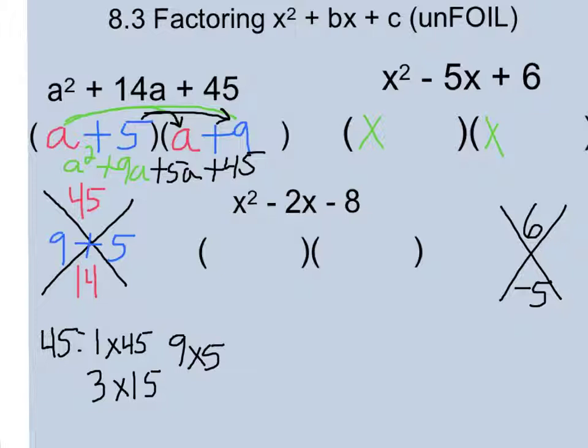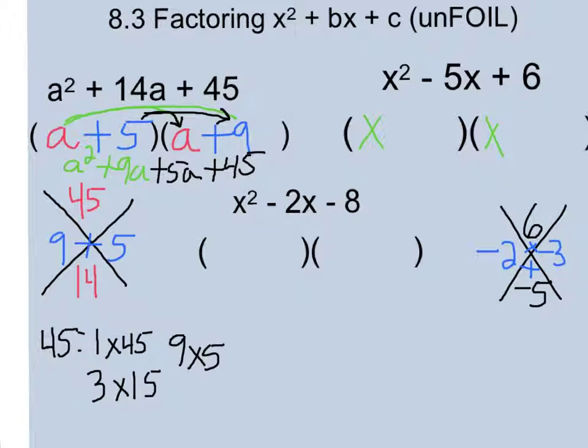But I have to add to make negative 5. So I'm going to put a negative here and a negative here. Let's check that. Negative 2 plus negative 3 is negative 5. Negative 2 multiplied to negative 3 is positive 6.